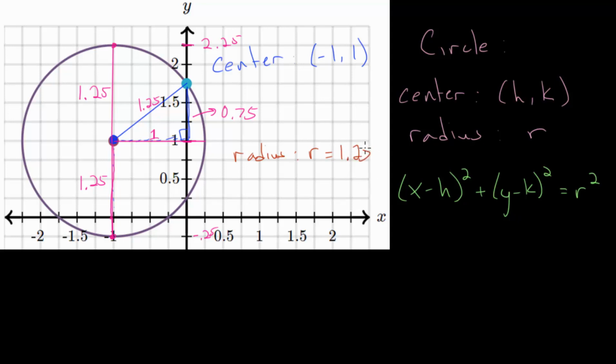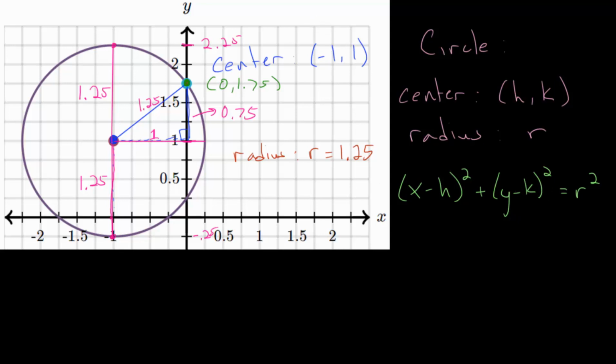Now, at this point, let's plug in everything we know into our general equation. Then we'll have the equation of the circle, which we can test with this given coordinate point, since we can notice that this coordinate point here has an x value of 0 and a y value of 1.75. So let's plug in what we know into our equation.